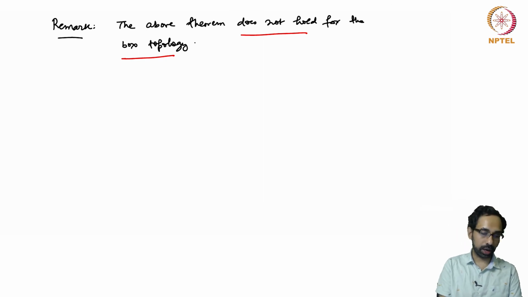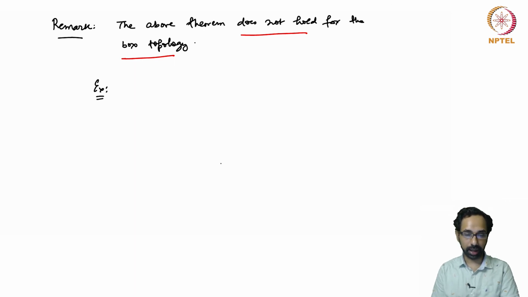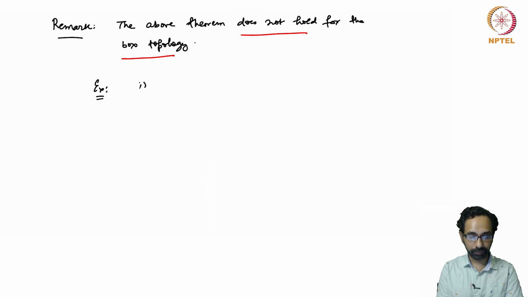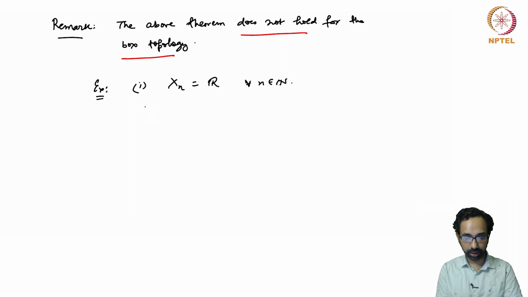connected. So an example where this happens is when you take X_n to be R for all n in the natural numbers, and then consider the Cartesian product R^omega, which is the Cartesian product over the natural numbers of all these X_n's with the box topology.